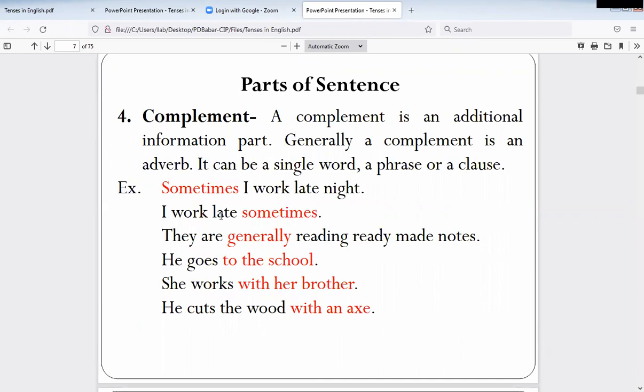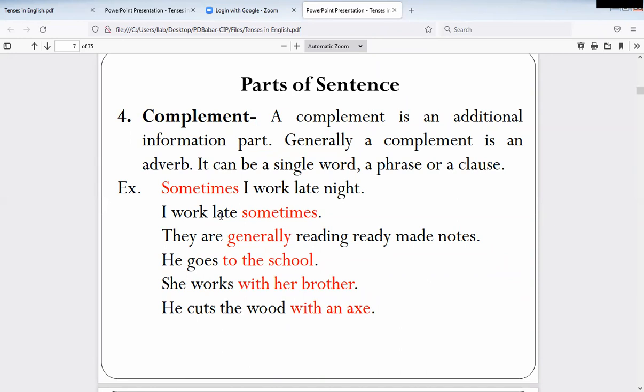So, verb, object, and let's see the last part of a sentence, that is complement. The fourth part of a sentence is complement. A complement is an additional information part. It is the part which gives additional information in the sentence about that action or about the subject. That's why it is not that important a part.